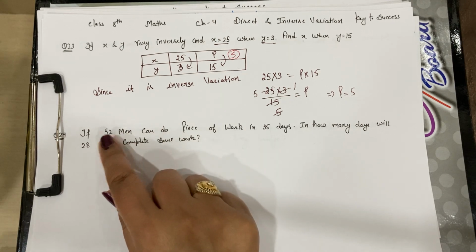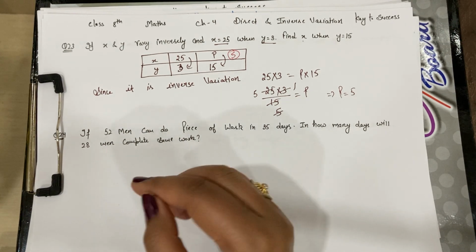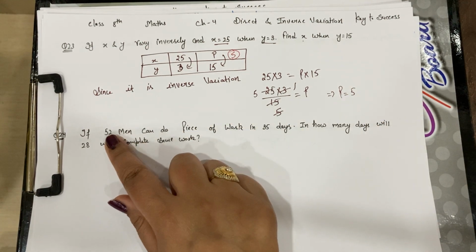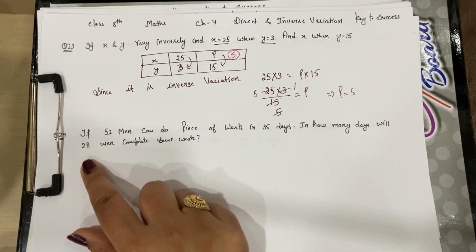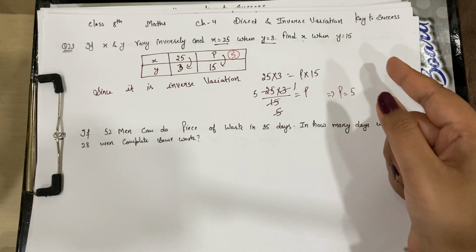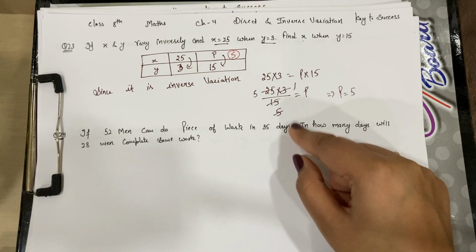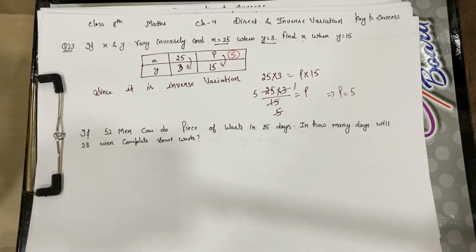Now if the workers decrease, obviously the days will be more, it will take more time. So if number of men are decreasing, time is increasing. One variable is decreasing, the other one is increasing. Here two variables are there.